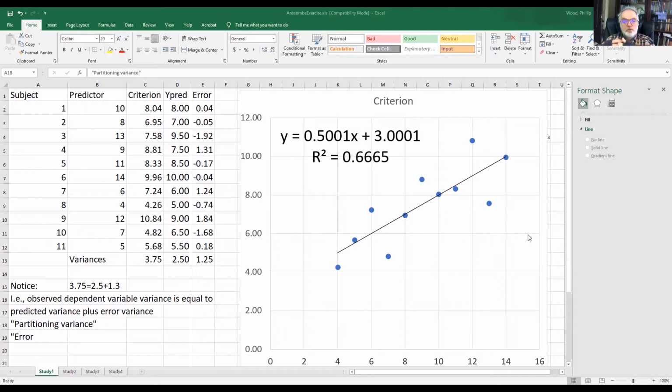The predictor variable is your X variable. If you want to use fancy words, you might hear someone say that that's the exogenous variable. And the Y variable, what you want to predict, is the criterion, the dependent variable.